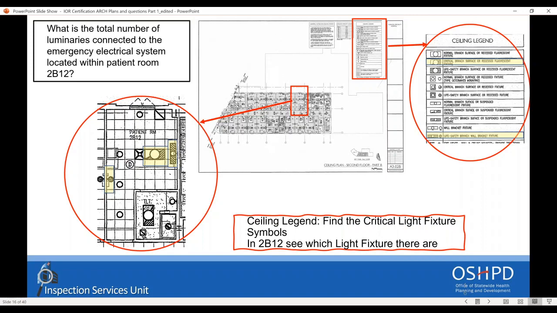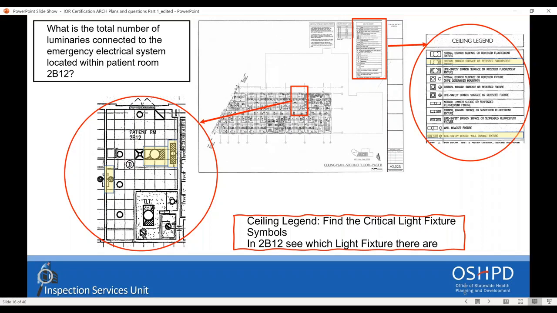What you need to do is look at the ceiling legend on the top right and see which symbols are included in that specific room, 2B12. But not only do you need to see the symbols matching that room, in order to answer the question you need to look for the emergency light fixture. Emergency is also considered critical.